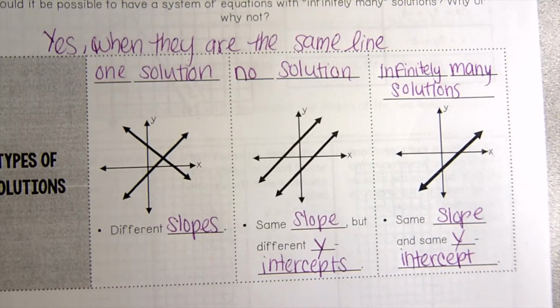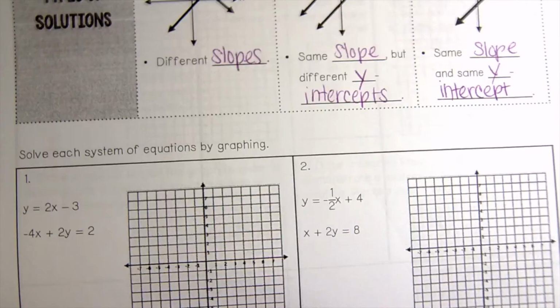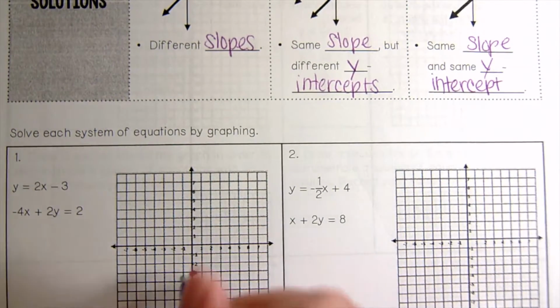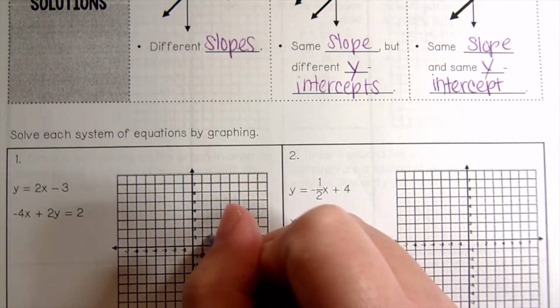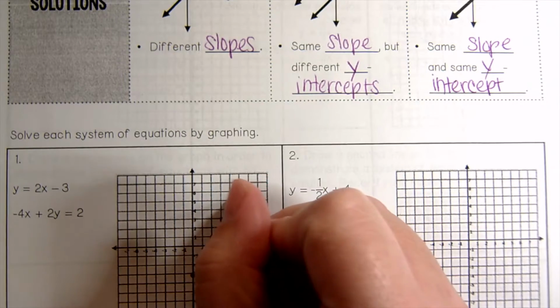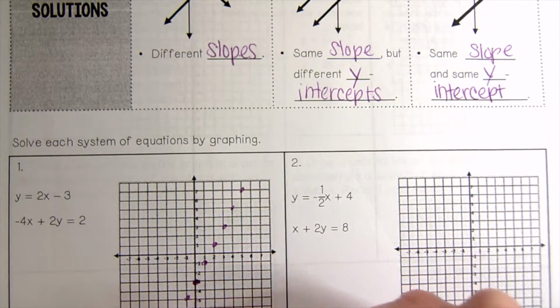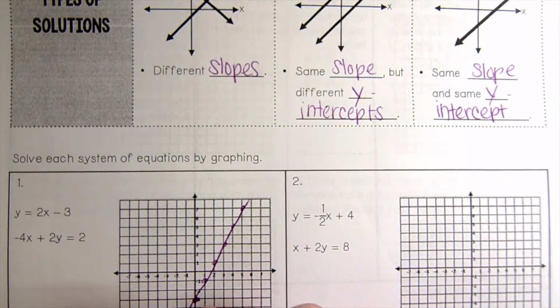So at the bottom, solve each one by graphing. Y equals 2x minus 3. What is the intercept? Negative 3. What is the slope? Up 2 over 1. And then for the second line, can I do that with the cover-up method?